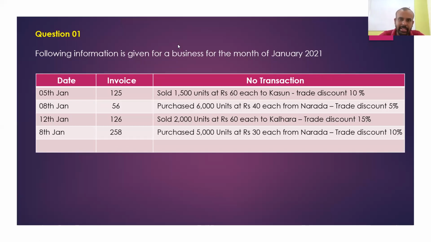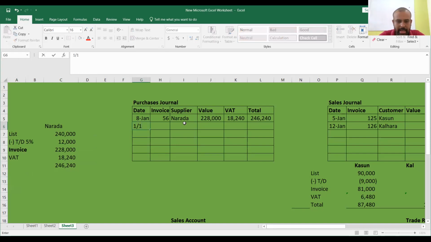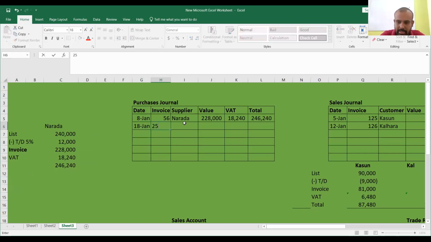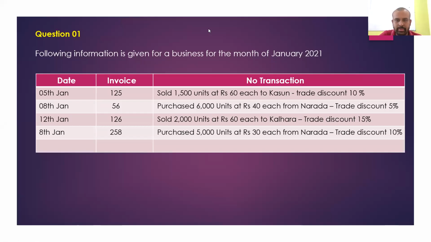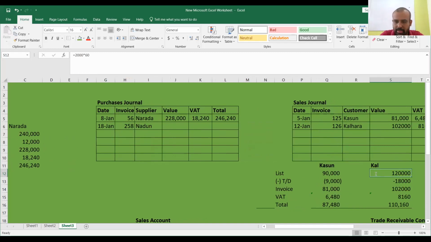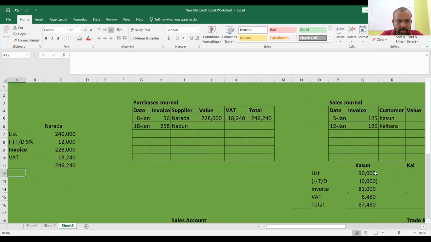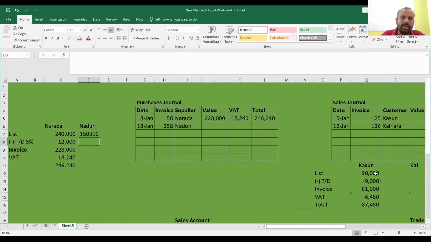You bought 5,000 units at 30 each. 5,000 into 30, how much is it? 150,000.